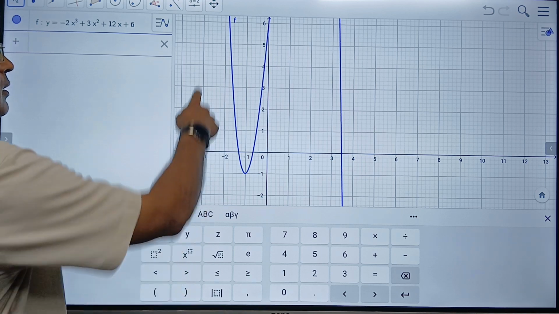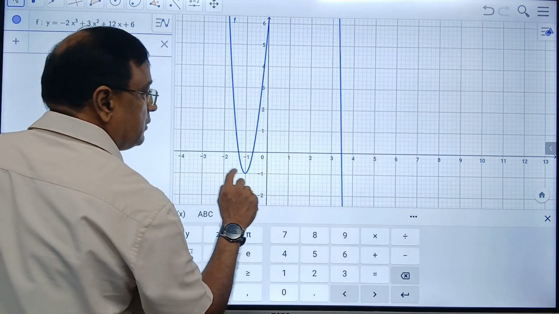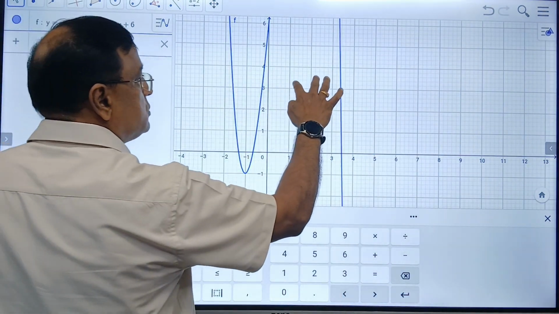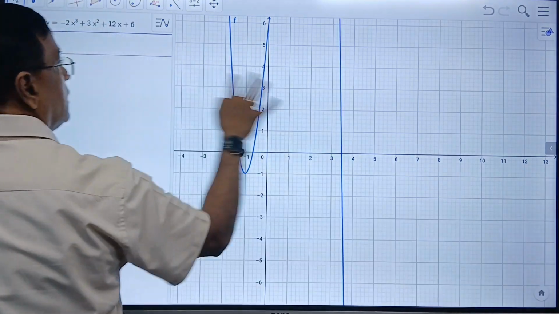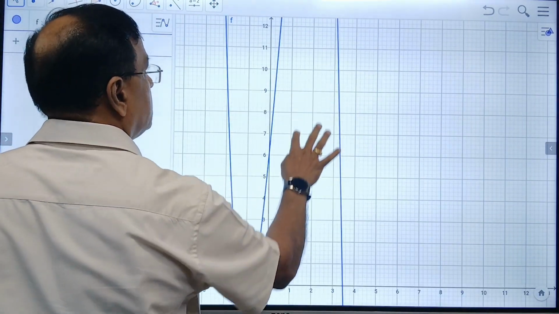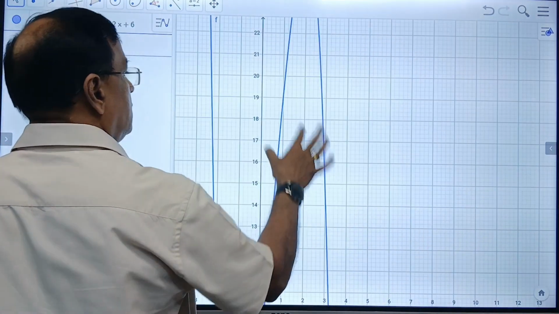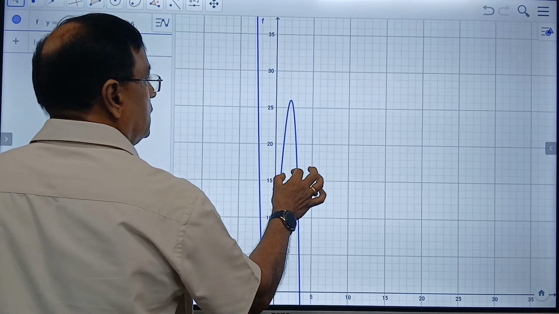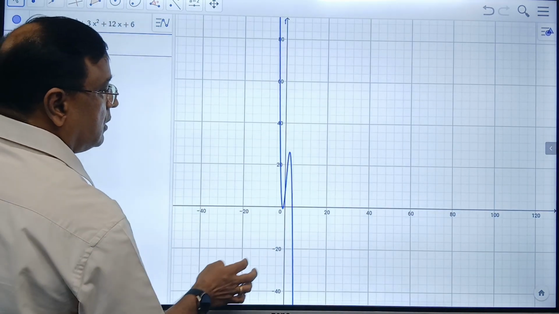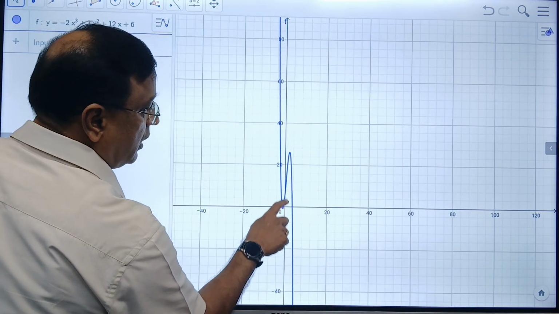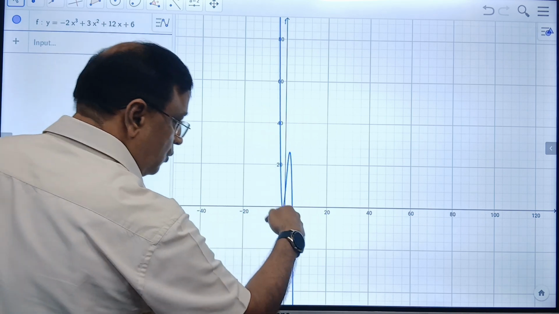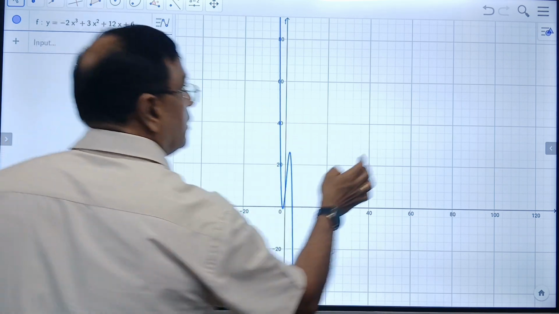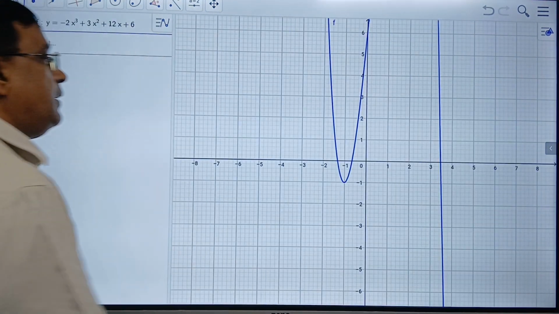See, the curve takes a turn at minus 1 and it also takes a turn somewhere, I think it's very huge, so it also takes a turn at 1. Can you see that? So it has a lower value and an upper value. We'll come to that later.